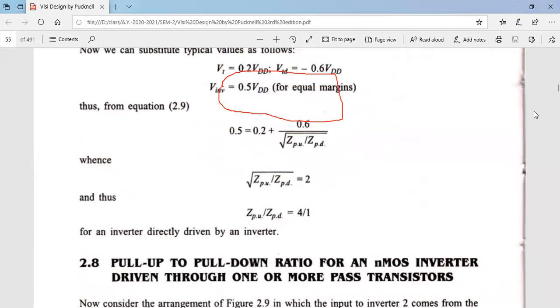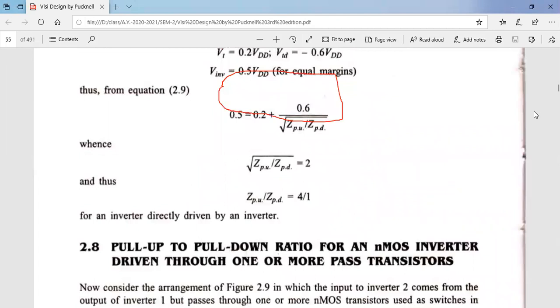That means for the pull-down transistor, the transistor which is near the ground, if the size is 1, the pull-up transistor, the upper transistor of the inverter, should be about 4 times greater.